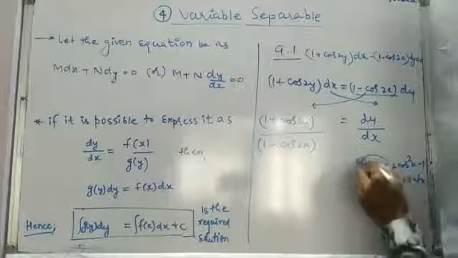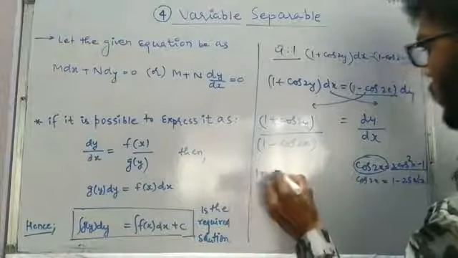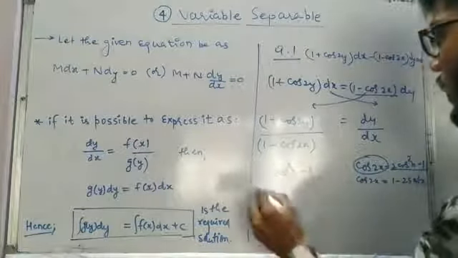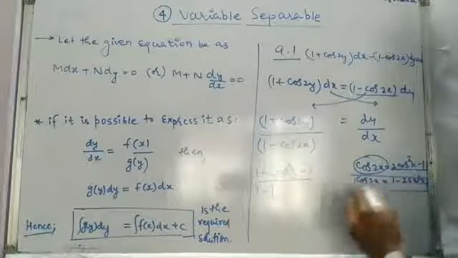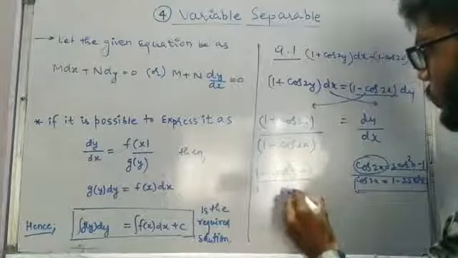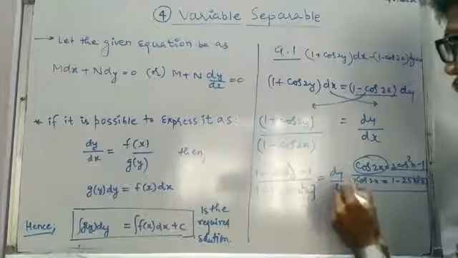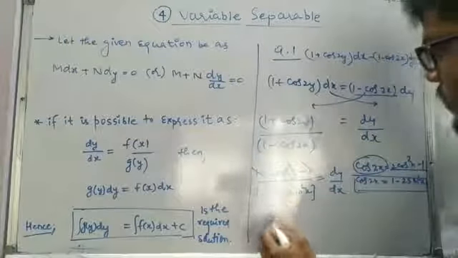So I'll write cos 2y is equal to 2 cos square y minus 1, and for 1 minus cos 2x I'll write this particular formula, 1 minus 2 sin square x, is equal to dy by dx. So 1 minus 1 is 0, and 1 minus 1 with the minus will become plus.